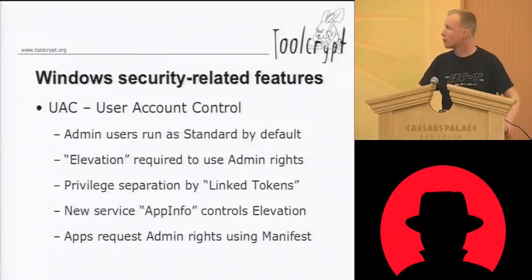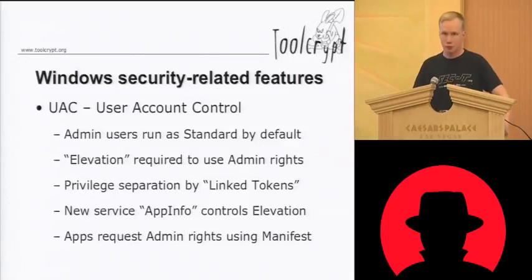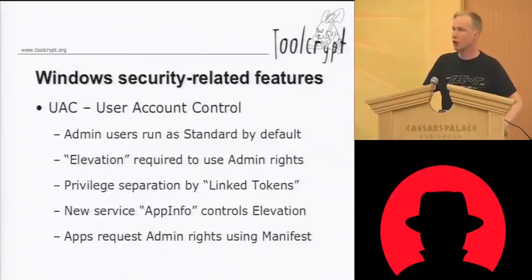And it's interesting at least to mention how they did that. They introduced in the token something called a linked token. Basically, a token can have a flag set that says that this token is a lower level token of an administrator.